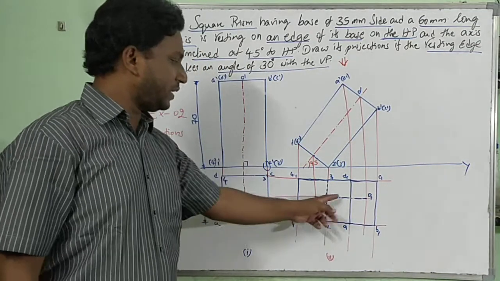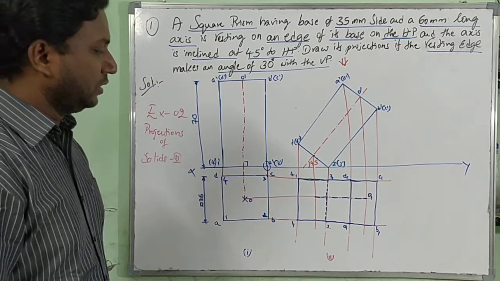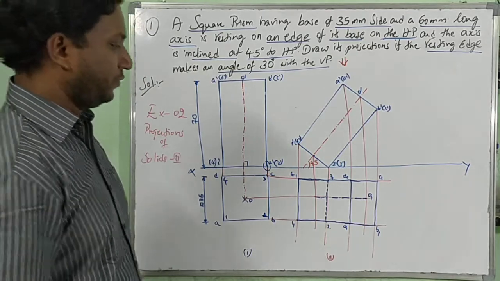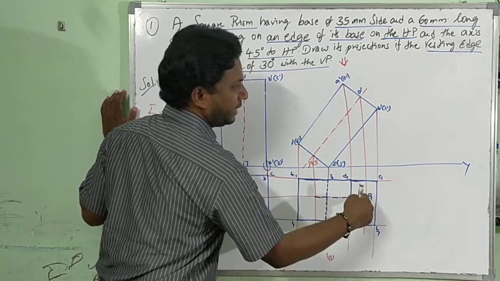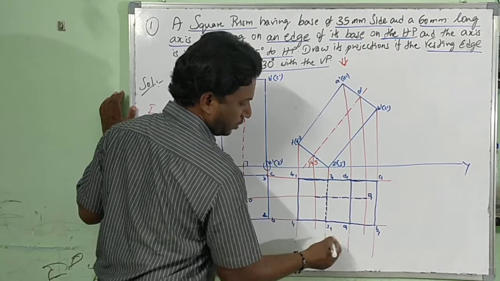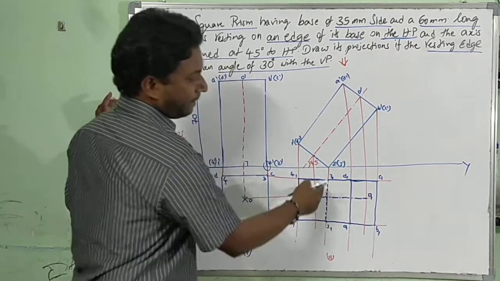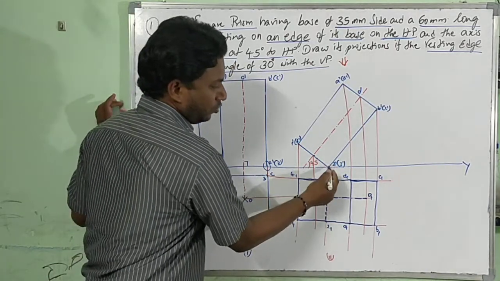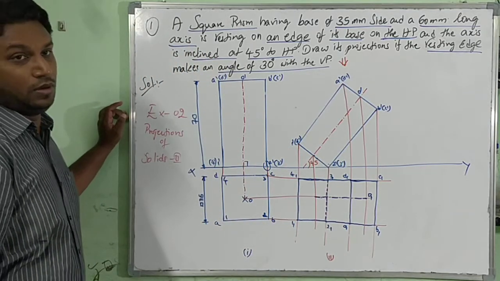Everywhere I have drawn red, but here blue, just to know the difference of projectors and axis. Now this is second position, top view, right? Where this is total A, B, C, D base, 1, 2, 3, 4, right? Where 1 1, 2 1, 3 1 edges here. It is on XY, on HP.